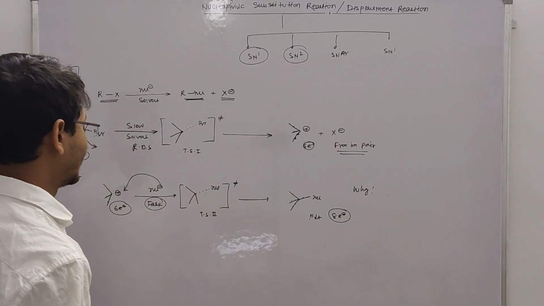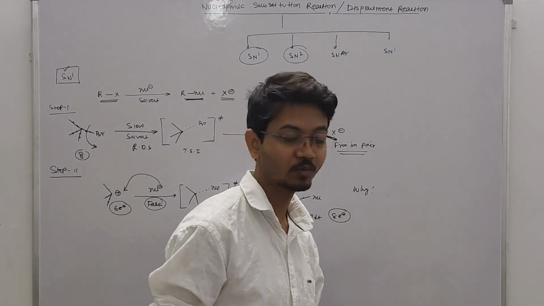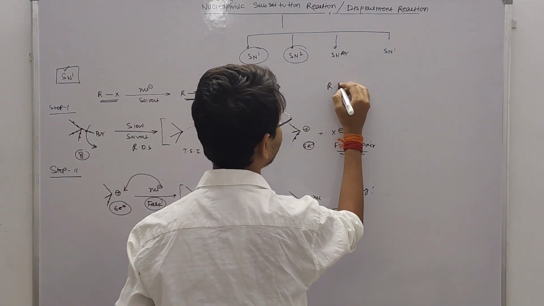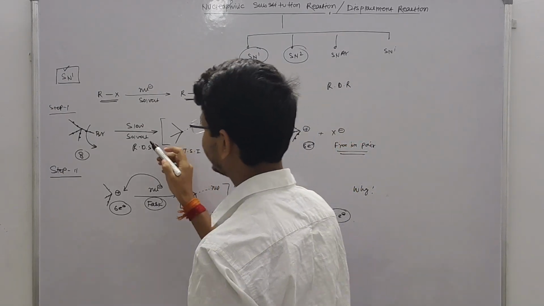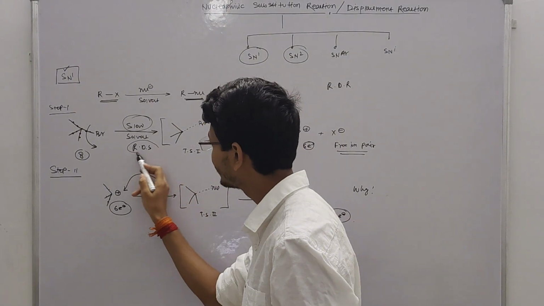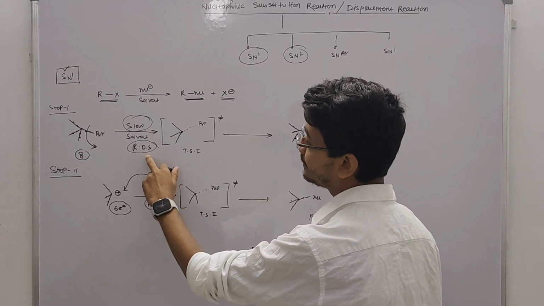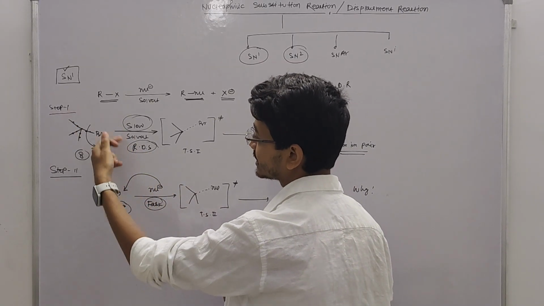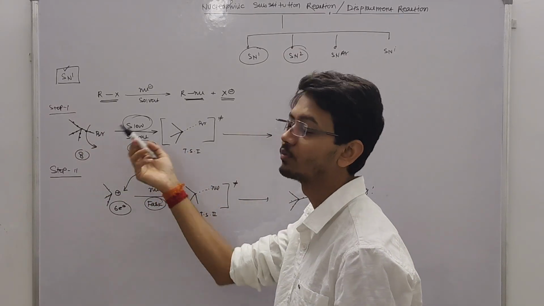Now I want to discuss the rate of reaction. In this case, this is the slowest step of this particular reaction, and this is nothing but your RDS, rate determining step. The RDS step depends only on the concentration of the substrate. Here in the first step, there is no involvement of the nucleophile.